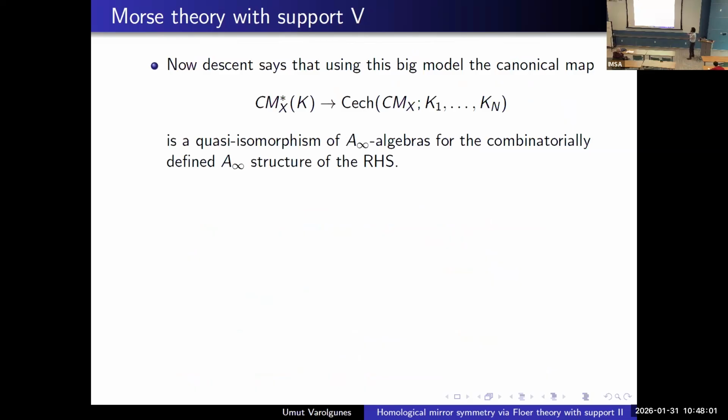So now we can also have a descent statement that takes into account these A infinity structures. I have the same map, but now the left-hand side is an A infinity algebra, and the right-hand side, this Čech complex, you can equip just combinatorially with an A infinity structure that only takes into account the A infinity structures of the pieces.